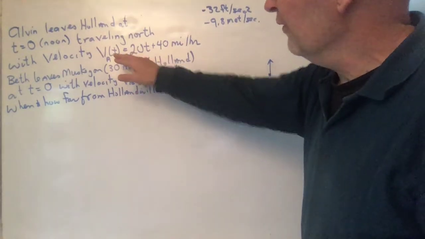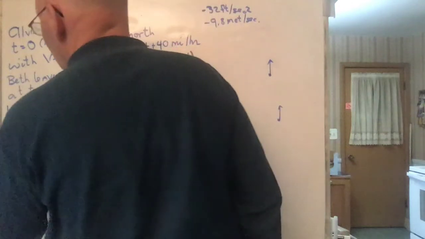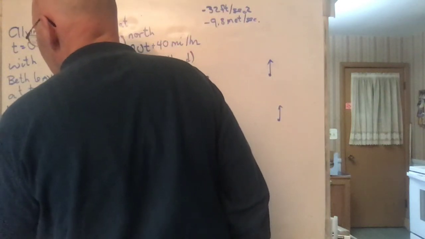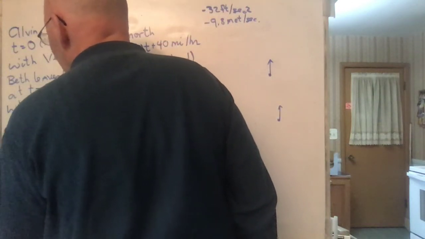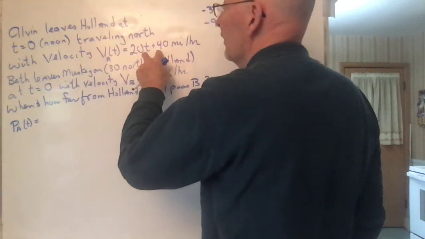So let's first of all find Elvin's position. So the position for Elvin, I'll use P sub A for Elvin's position, is going to be the antiderivative of this.